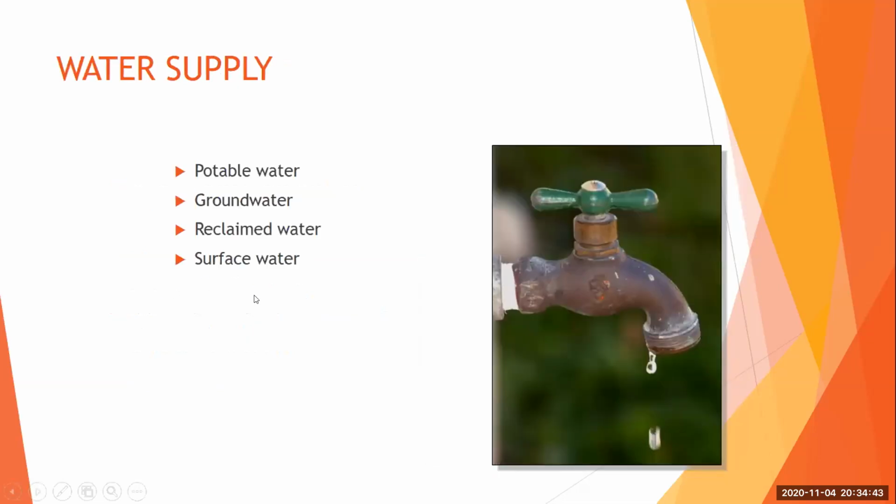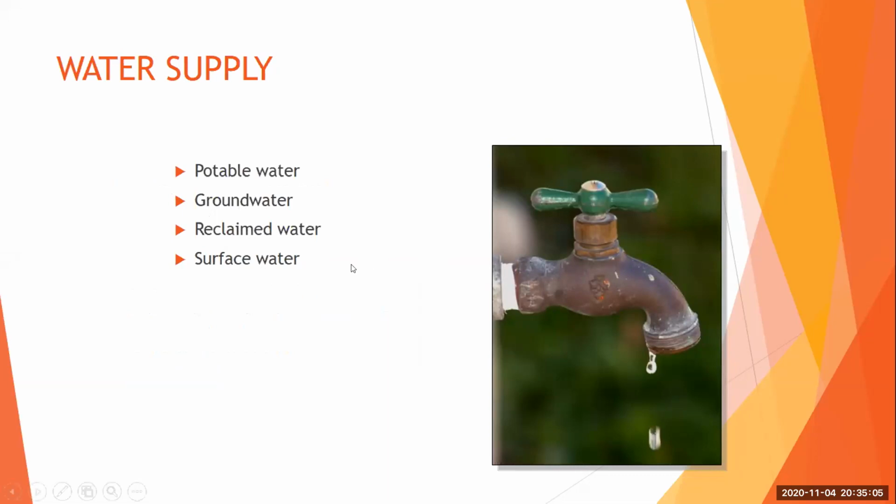Okay, so the water supply could be a lake, reclaimed water, groundwater, or potable water, like your house. For reclaimed water, what is the color of the pipe you're going to see? Remember that?